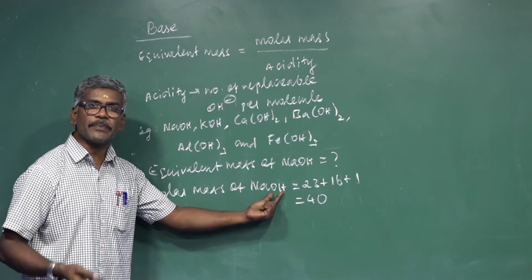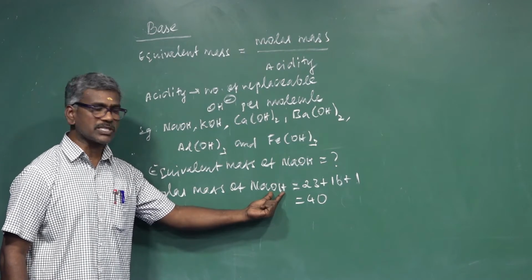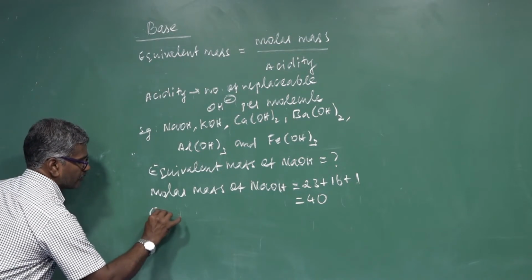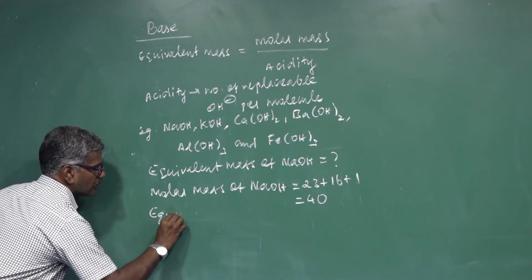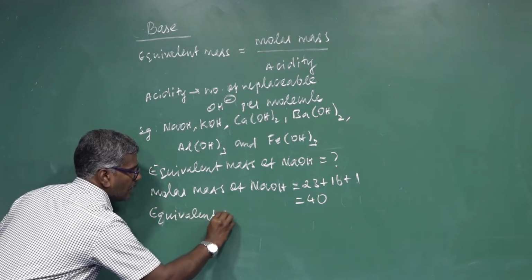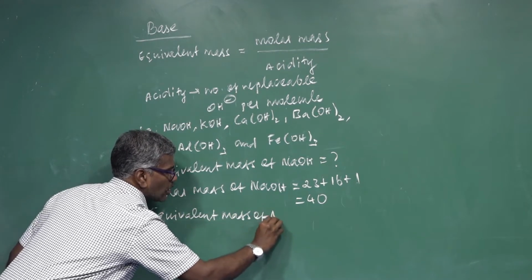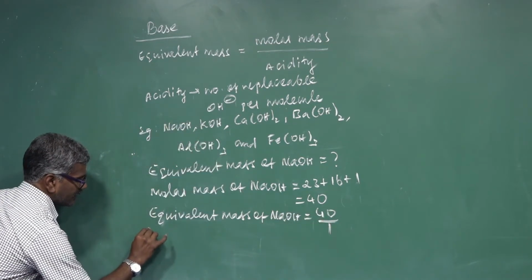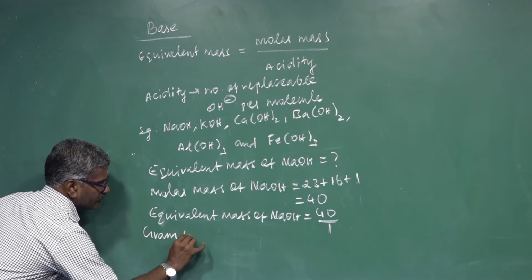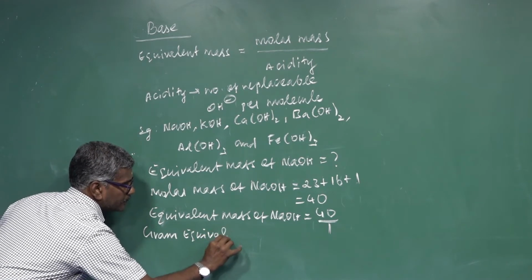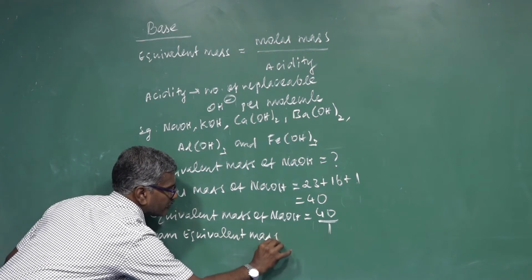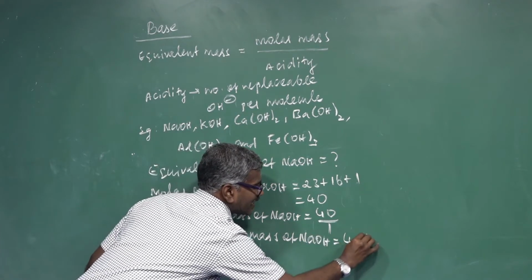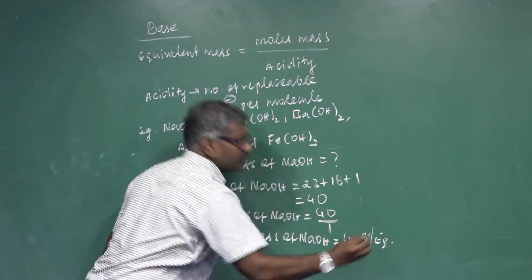The number of replaceable OH minus ions. Here only one OH group is replaced. So the equivalent mass of NaOH is 40 divided by 1. That is, the gram equivalent mass of NaOH is 40 gram per equivalent.